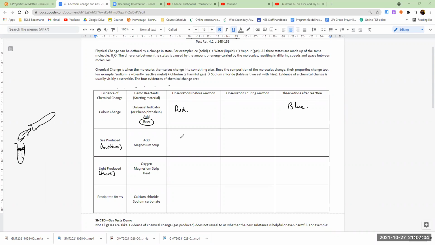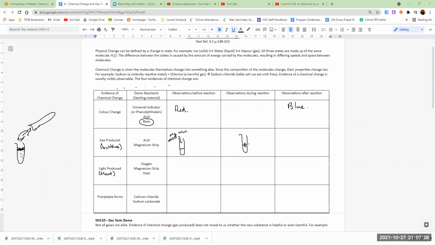Next, I had a magnesium strip. So in other words, a piece of metal, purely magnesium, Mg, and I placed it inside a small test tube with a little bit of acid. The magnesium strip was lustrous silver, very malleable, very bendable. During the reaction, you saw it start to fizz.